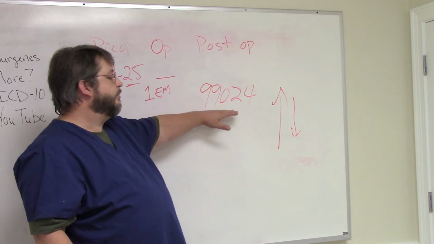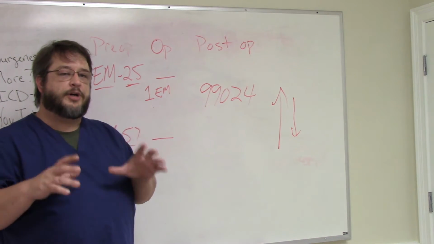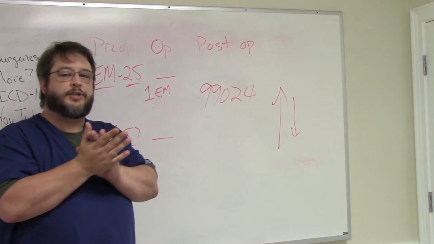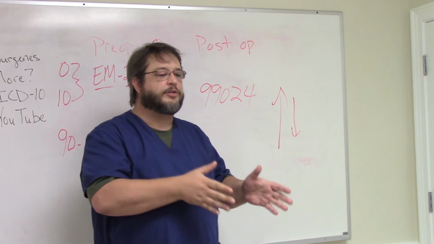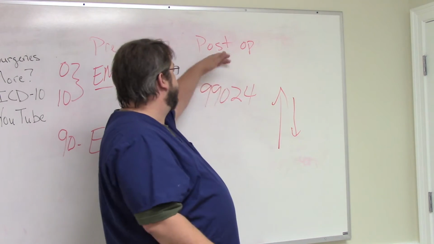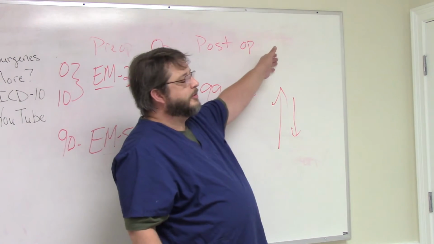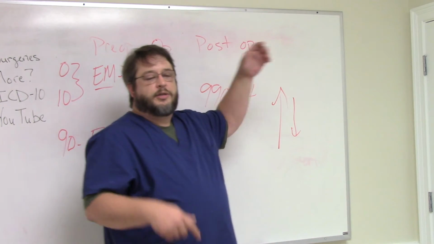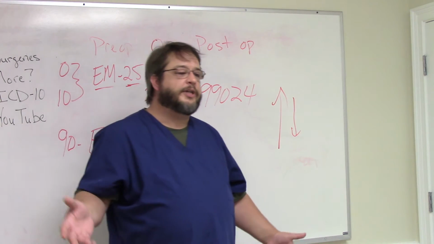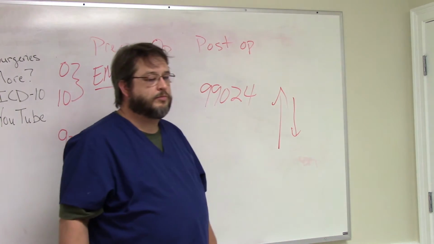When you actually see one of these notes, it's very different from other E&M notes, because all they'll talk about is the patient is making expected progress or the patient is not making expected progress. You don't get the exam. This is just a post-op E&M. If something comes up, like the panic disorder, or they have to treat someone for the flu or a sprained ankle or whatever, and it's in the hospital, it would be a hospital code with a modifier 24.